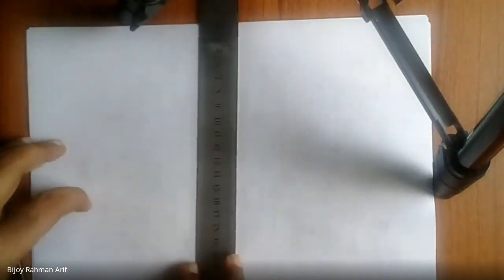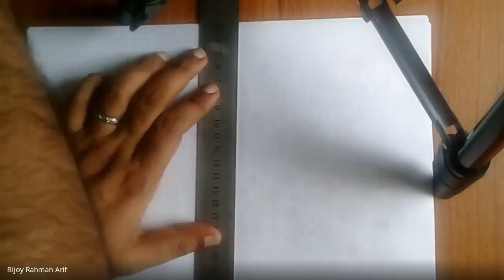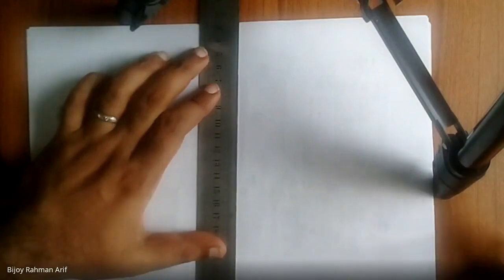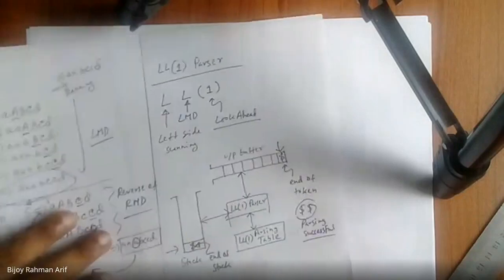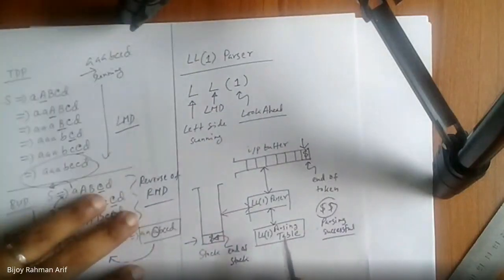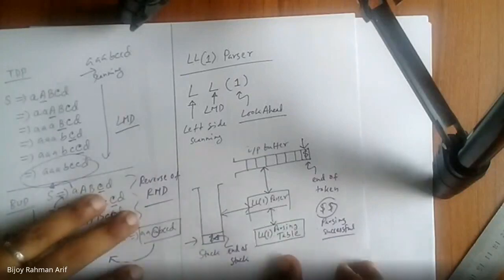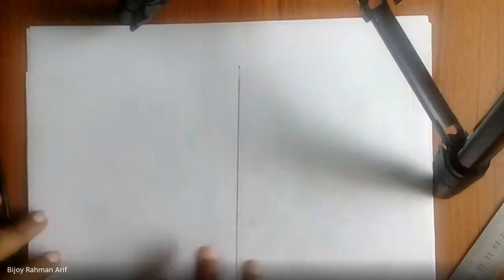Before starting the LL1 parser, we need to study two concepts. What is our main aim? Our main aim is developing the LL1 parsing table and then writing an algorithm for the LL1 parser so that we can parse. So at first we have to construct the LL1 parsing table for a grammar.